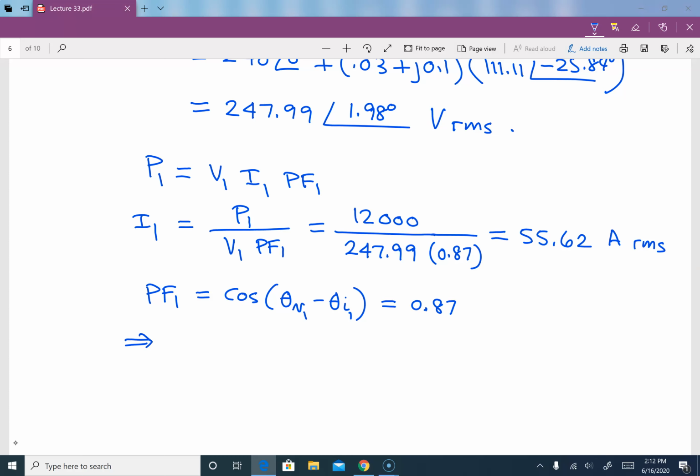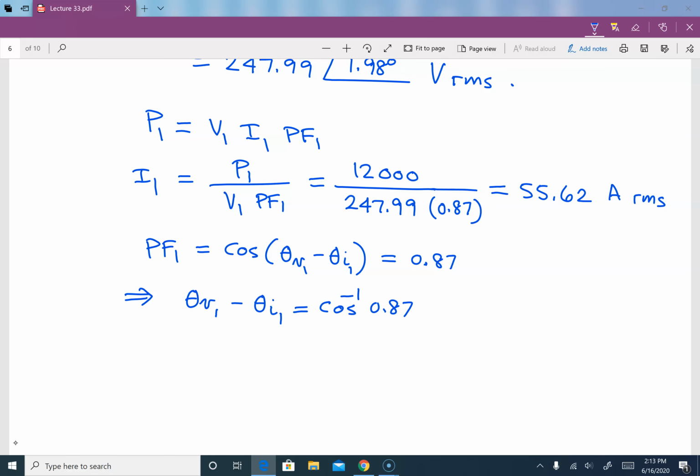So from that we can say theta V1 minus theta I1 is equal to the inverse cosine of 0.87.